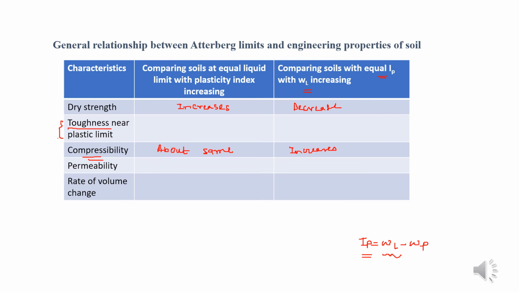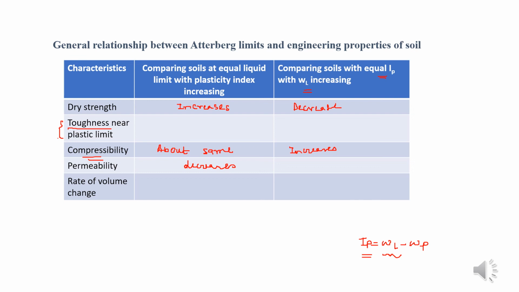Now let's talk about permeability of the soil. Permeability is basically the ease with which water flows through the soil. So if my plasticity index is increasing at equal liquid limit, the permeability of the soil decreases.